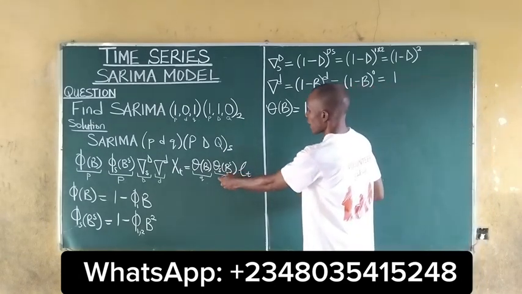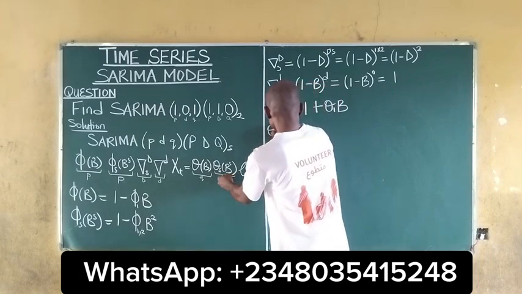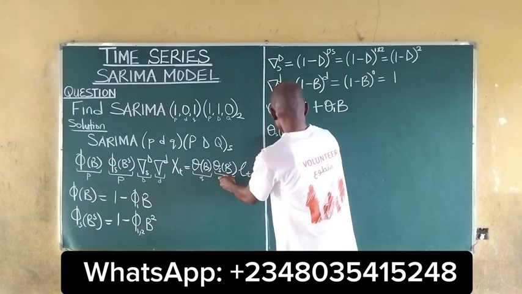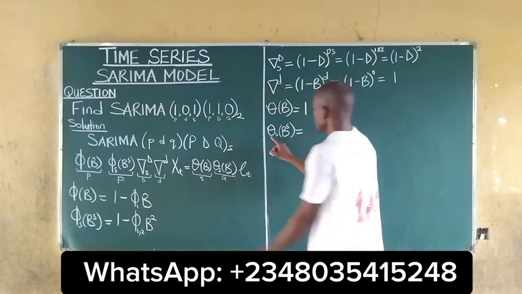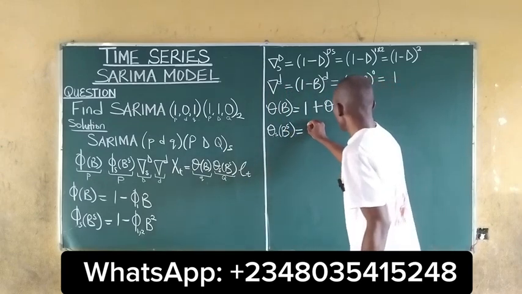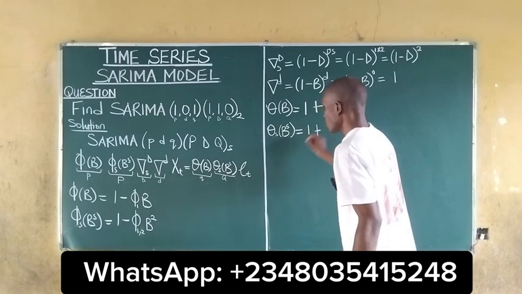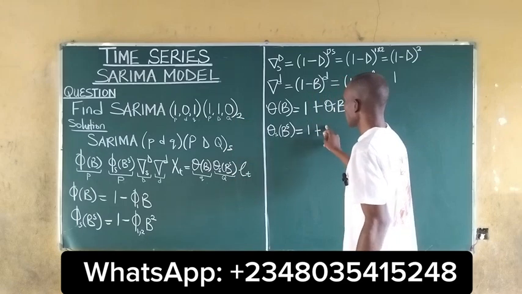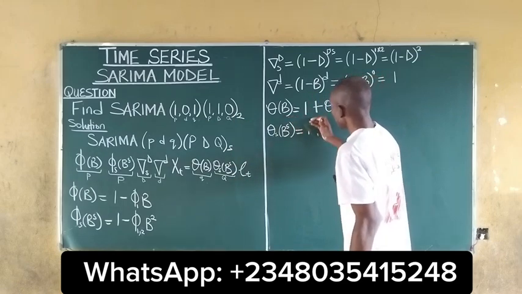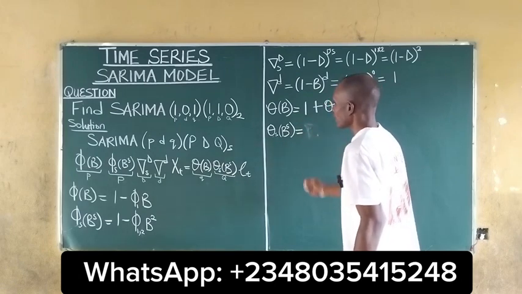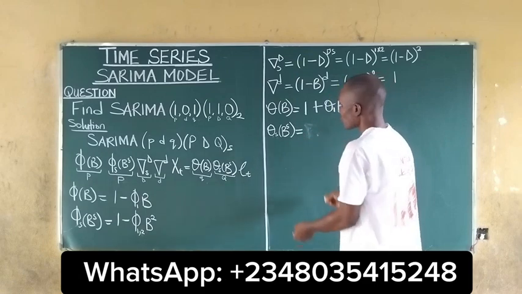Then for the seasonal moving average part, we have theta s, B raised to the power of s. Our big Q is 0, which means we will be having nothing here.